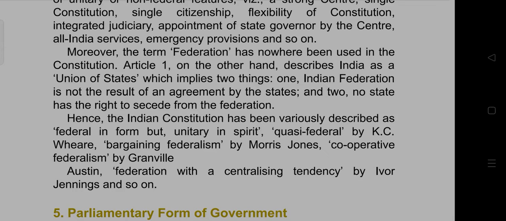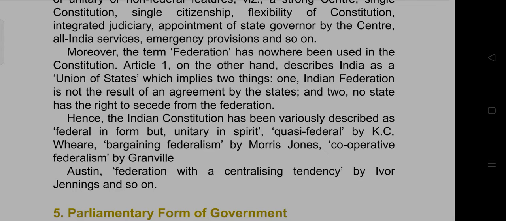Article 1, on the other hand, describes India as a union of states, which implies two things: 1. Indian federation is not a result of an agreement by the states, and 2. No state has the right to secede from the federation.